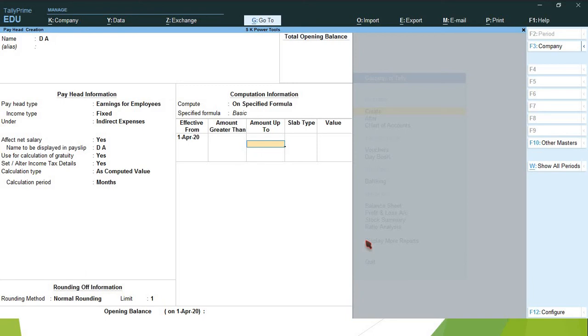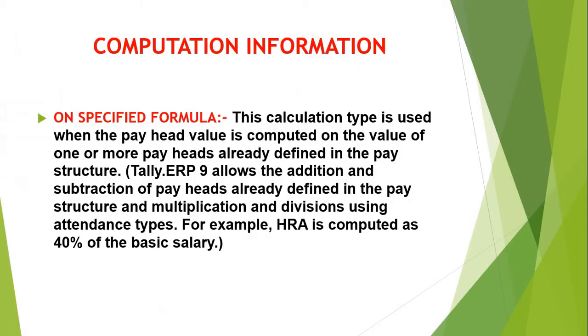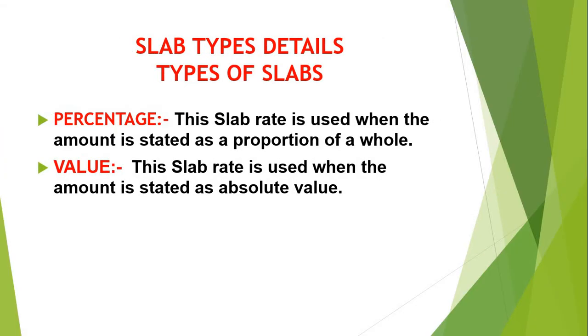Effective from, by default or otherwise you type 1/5/2020. Amount greater than, leave it, amount up to, leave it. Slab type, select percentage. Slab type details: types of slab, one is percentage and another one is value.